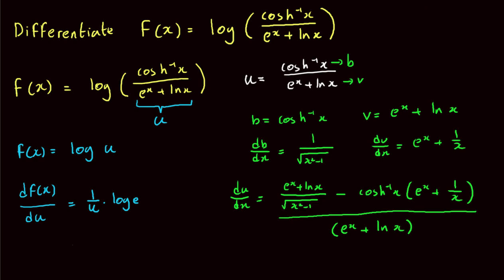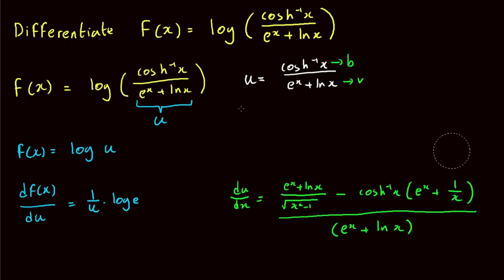Then of course we'll have to use the chain rule. I know it's going to be a bit messy, because we're dealing with multiple functions. So we know that df over dx is clearly df over du times du over dx.